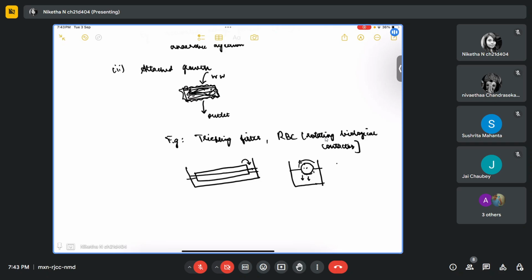After a point, there will be a layer of dead cells or bacteria formed on this RBC. After some time, this layer will start coming off in a process known as sloughing.